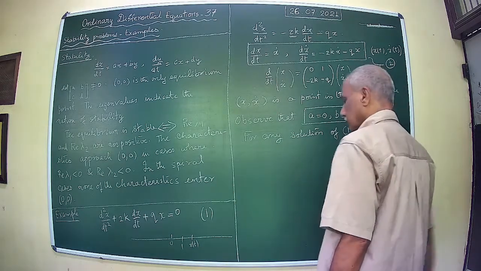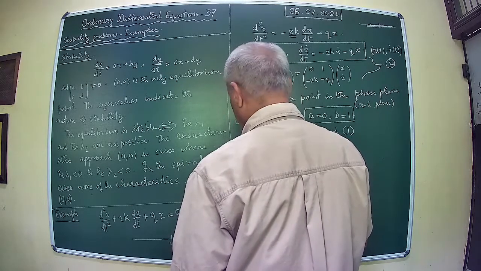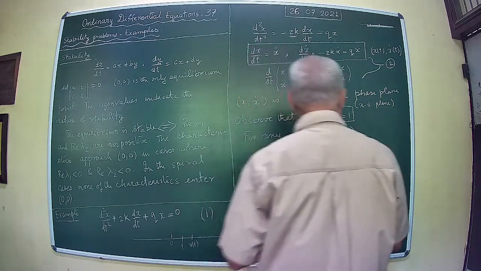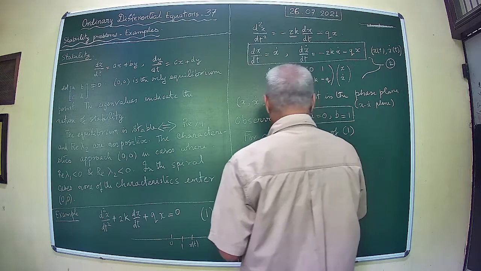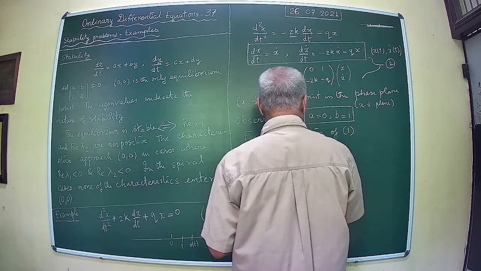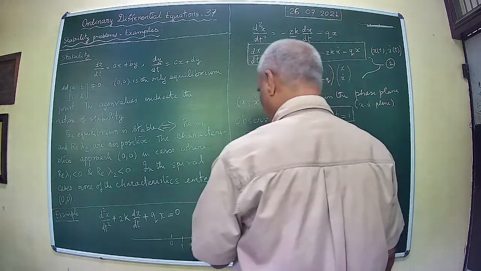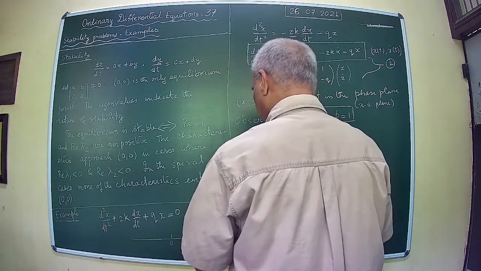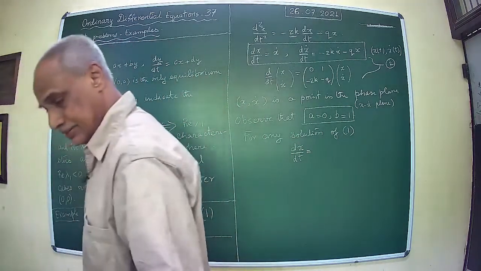What do you get? You have x given. And what is x dot? What is the relation between the two? You see that dx by dt equal to, so what I want to say is not this, sorry.